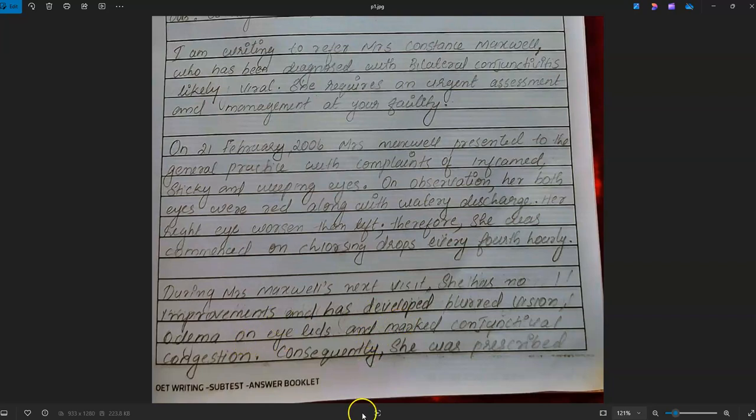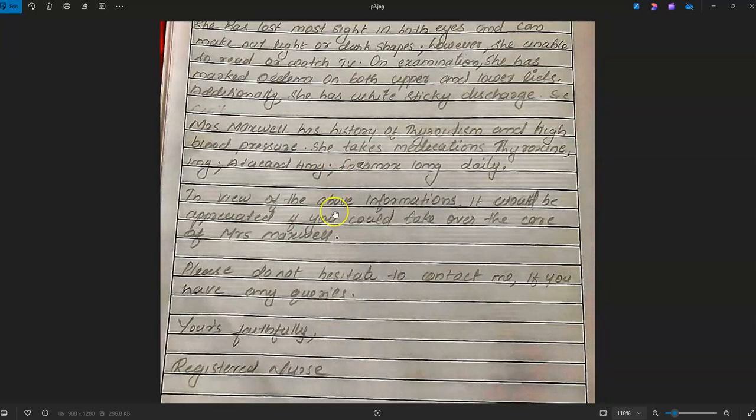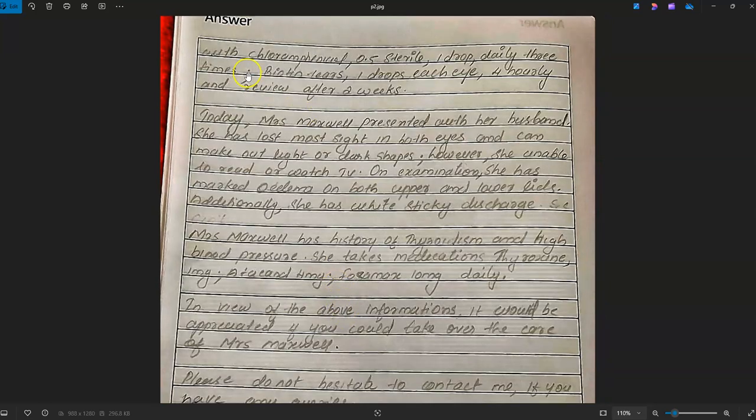Consequently, she was prescribed chloramphenicol 0.5% sterile eye drops. Now, if you're doing name of medication and dosage, you always put a semicolon. I can't see if that's a semicolon, it just looks like a comma.